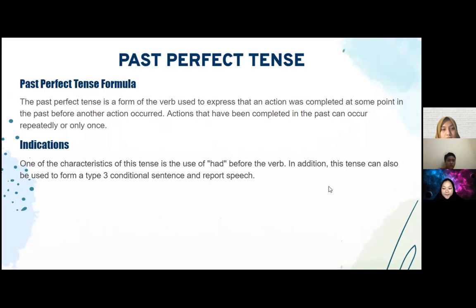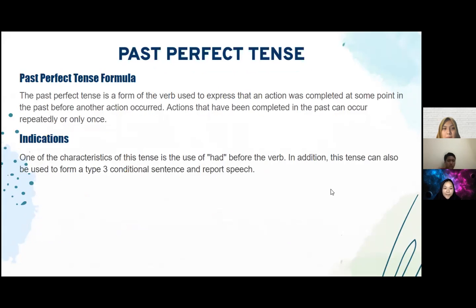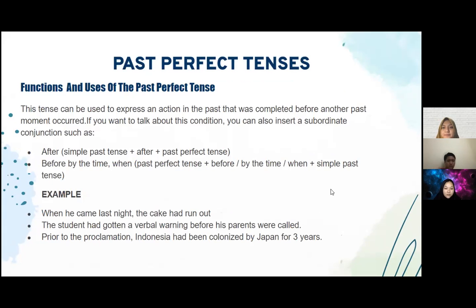Next. Function and uses of the past perfect tense. This tense can be used to express an action in the past that was completed before another past moment occurred.